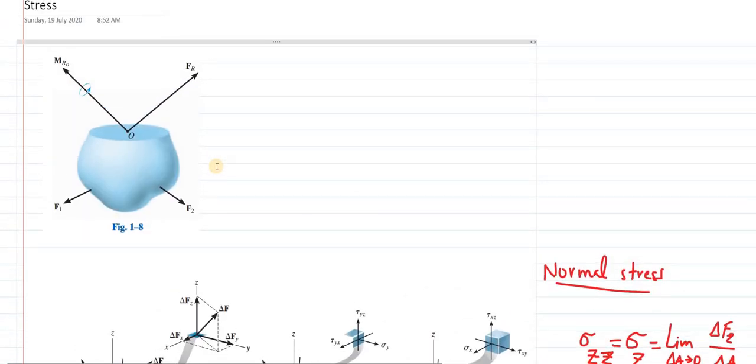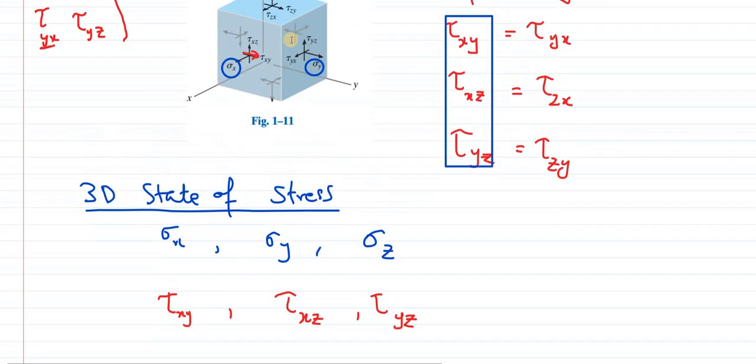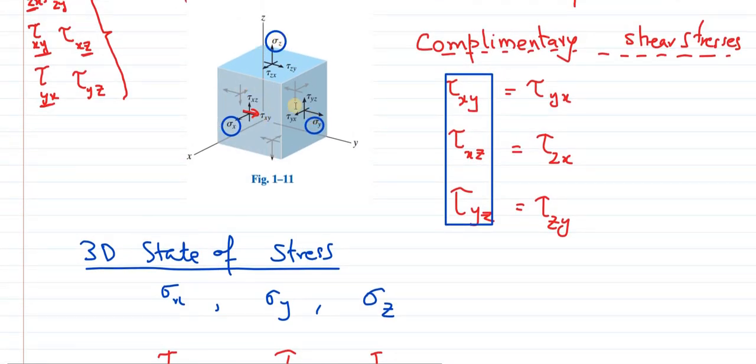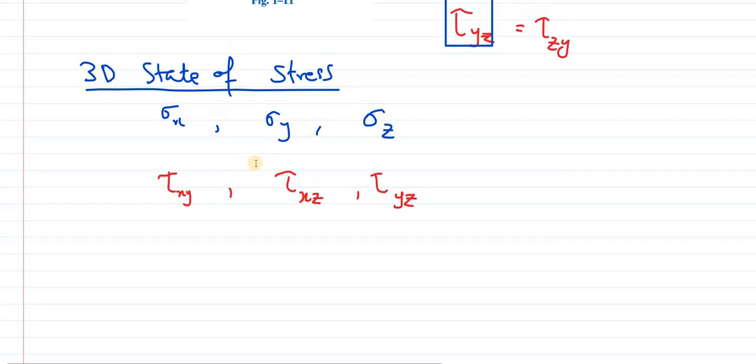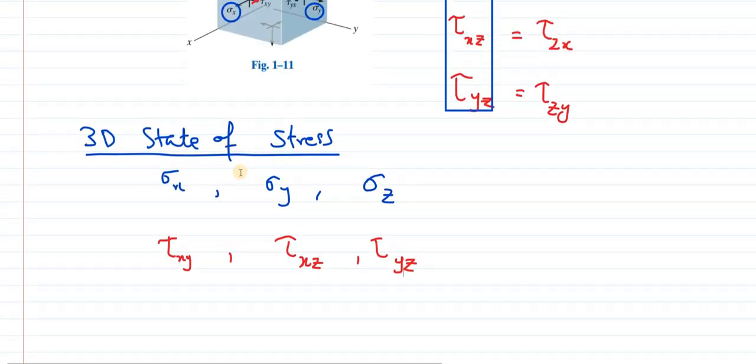So the general state of stress is completely defined by these components, which we are showing in the diagram. This diagram represents a general, three-dimensional state of stress, in which there will be stresses acting in all three directions, x, y, and z. So this was the discussion on general state of stress.